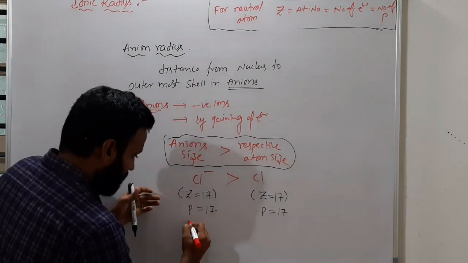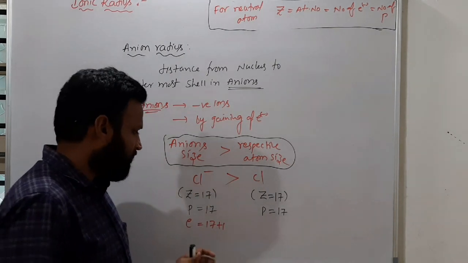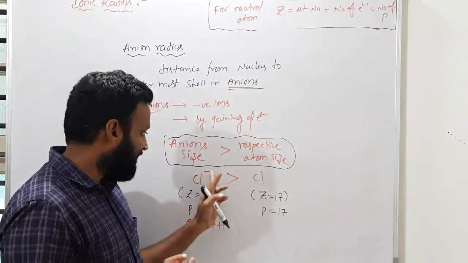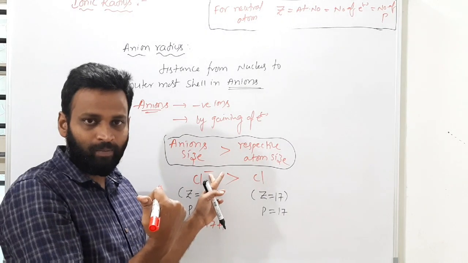But electrons here are 17 plus 1. Minus means it gained 1 electron.